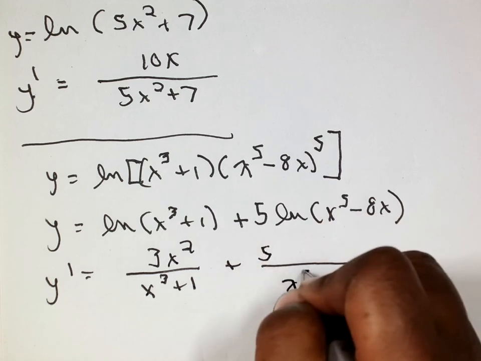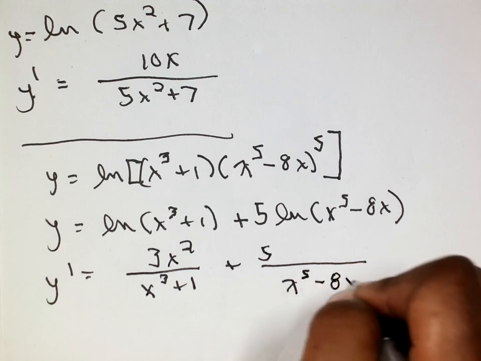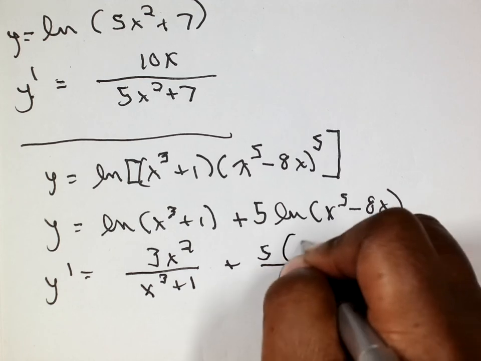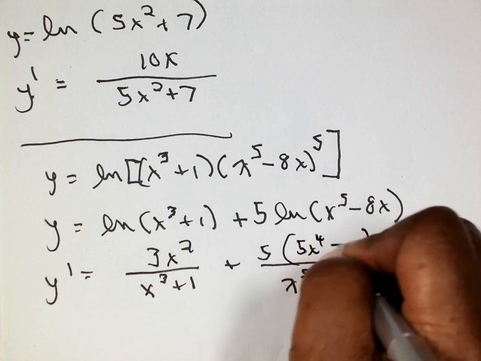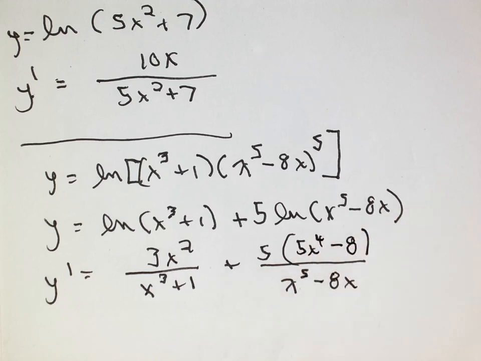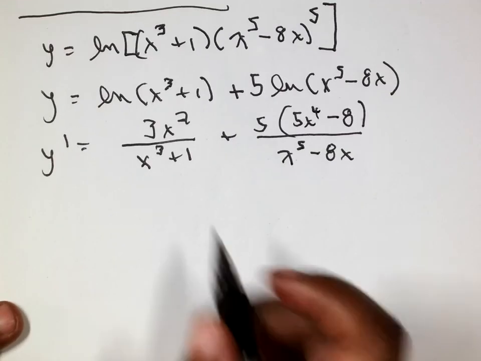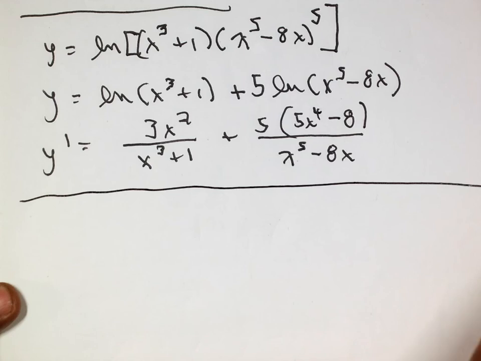X to the 5th minus 8x goes on the bottom. And then the derivative of that, 5x to the fourth minus 8, goes on top. So when you have these logs, it makes the derivative so much cleaner. And if you don't have a log, you can introduce it yourself so that you can actually make the problem simpler to take derivatives for.